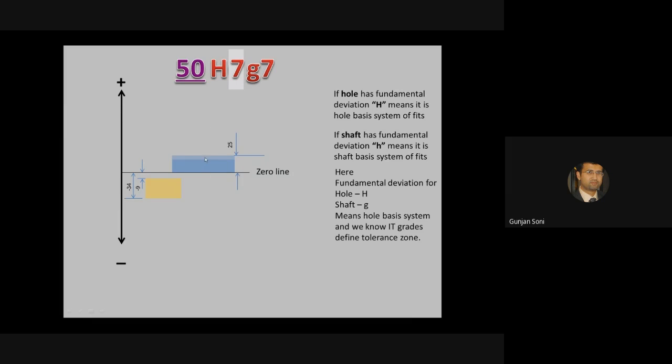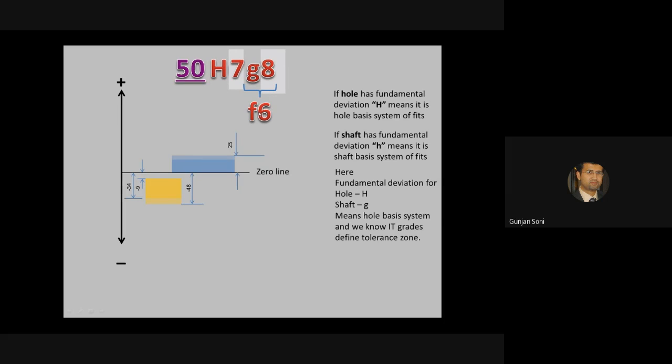But you can see here, only the upper deviation has changed, but the lower deviation is same, 0, 0. Similarly, in case of shaft, suppose in place of G7 it is G8. What happens? Its lower deviation has changed to minus 48 micron in place of minus 34 micron, and upper deviation is same, minus 9 micron.